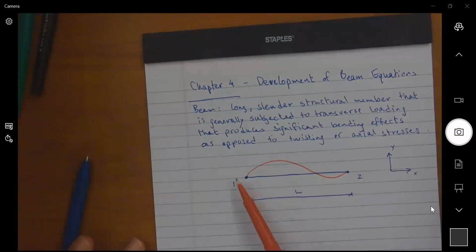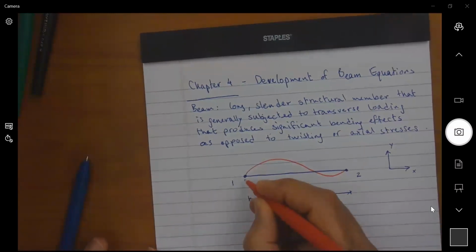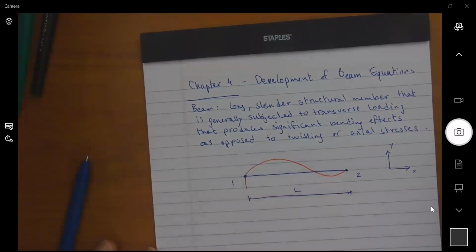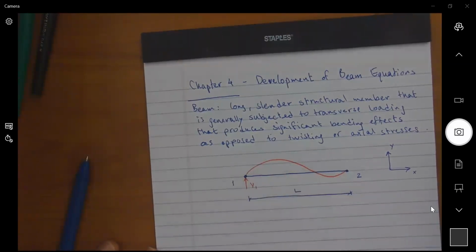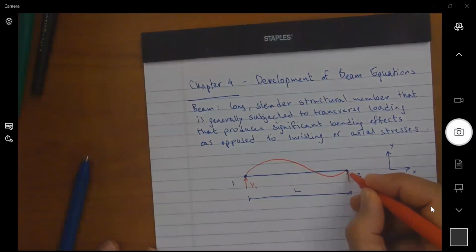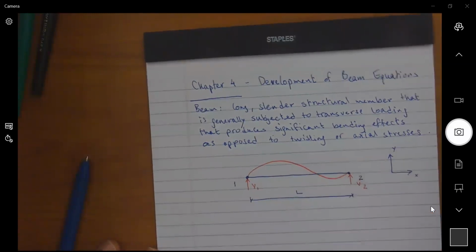And that's why I said this red curve is not the best representation, because really this red curve that I'm showing, in a way, I'm restraining translation in the y direction, which is not right, correct? So if I'm thinking freely about degrees of freedom, I would think here, like at node 1, I would have a v1 in the y direction. At node 2, I will have a v2.